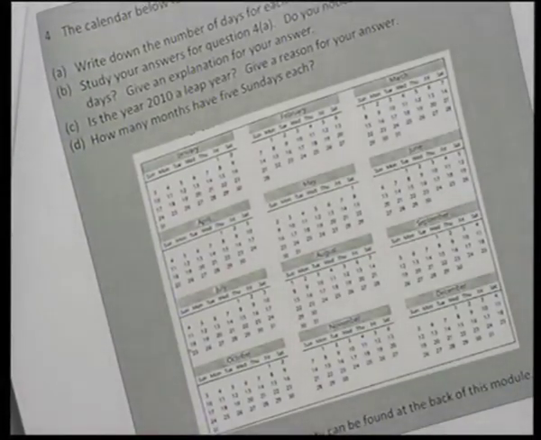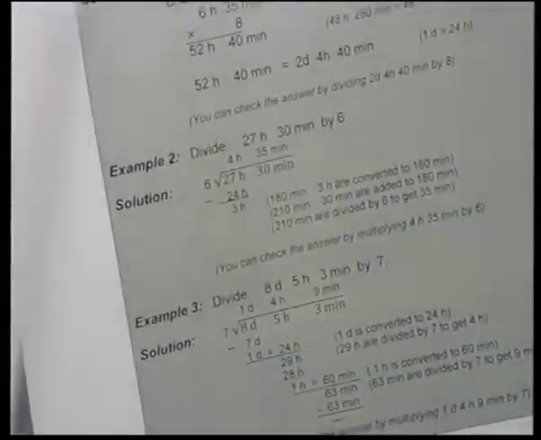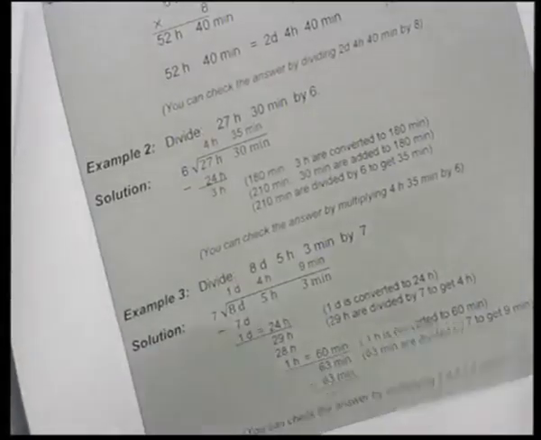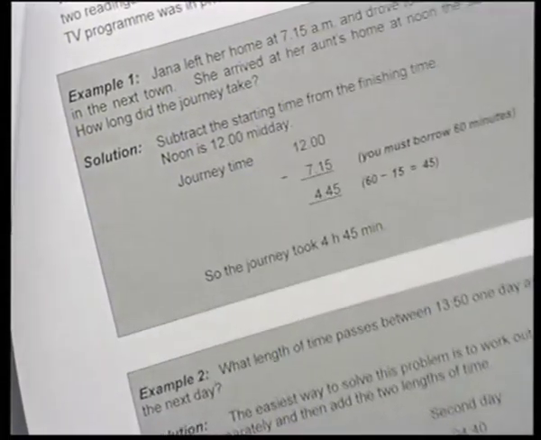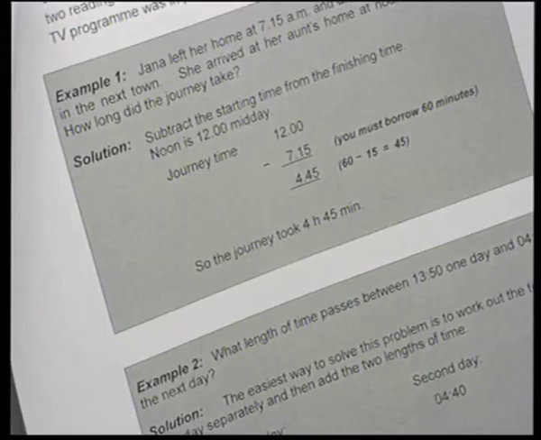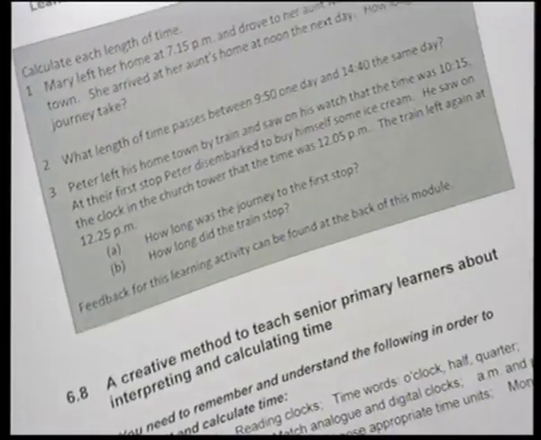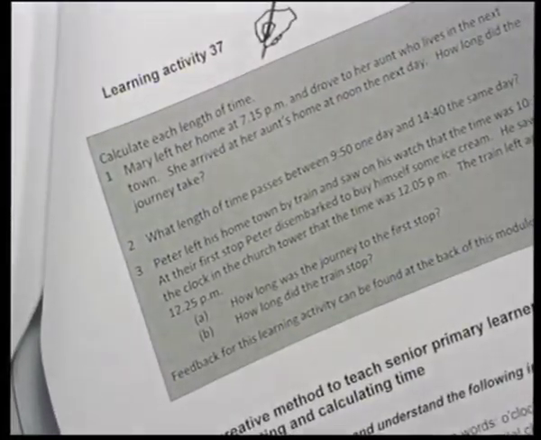Very interesting. The learners like to do this because it's practical. It's real life. And multiplication with time. Always remember 60 minutes in an hour and not 100. And subtraction with time. Again, the learners must remember about that. 60 minutes in an hour.